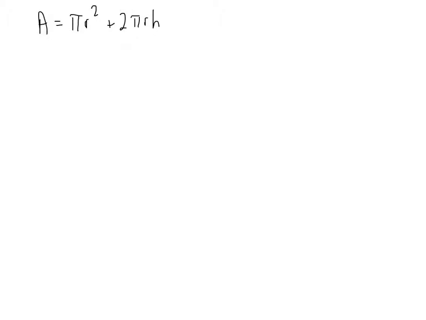And in this instance we're told that r is equal to 4, a is equal to 256, and pi, we're going to use 22 over 7 for that. So what we now need to do is find out what h is equal to. So we're going to substitute some terms in and then we'll find out what we've got left over.